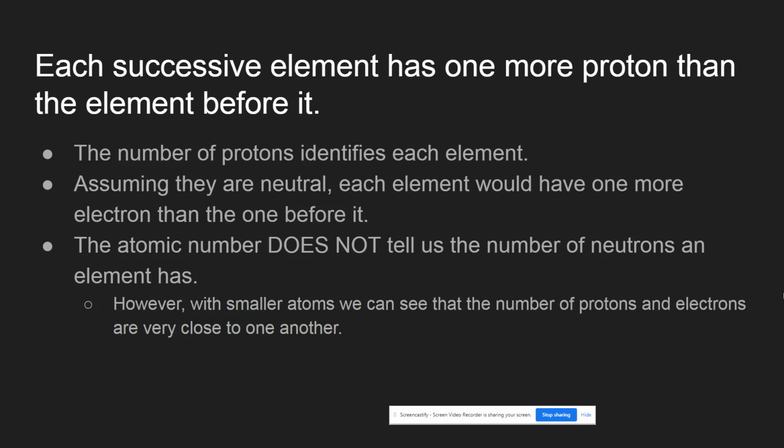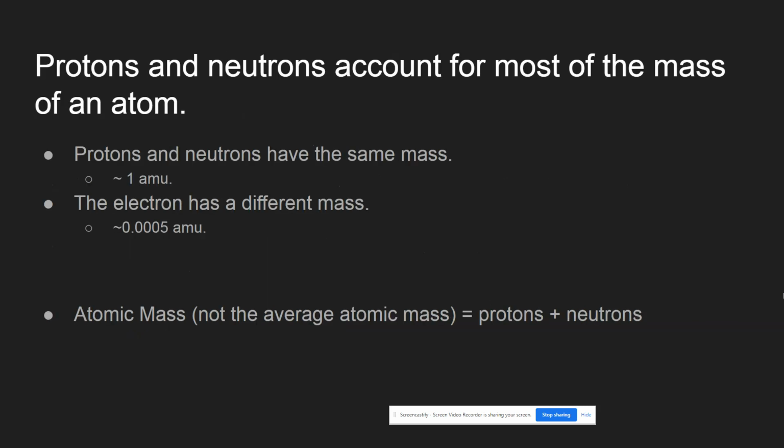And so we can do a little work and say, okay, well, the number of protons and electrons are pretty much the same, and the number of neutrons will be close to protons and electrons when we have a smaller element. Protons and neutrons account for most of the mass of the atom.